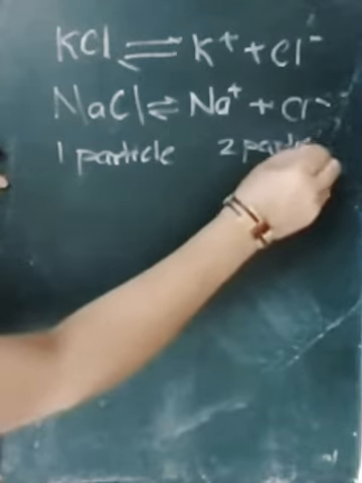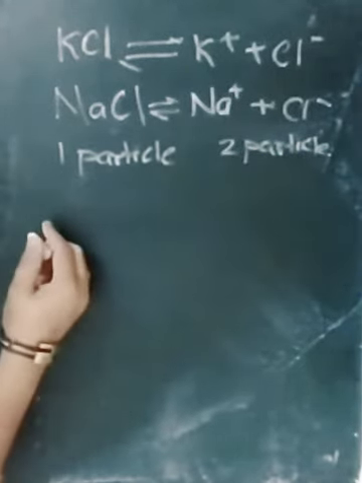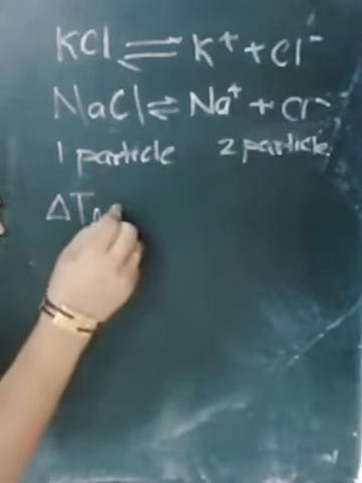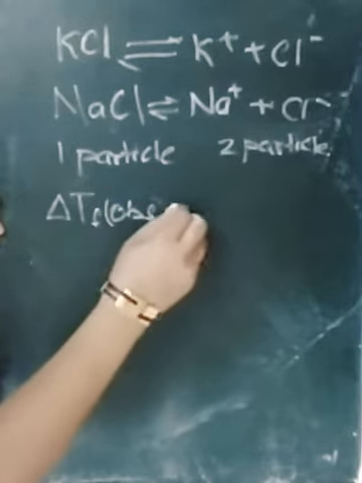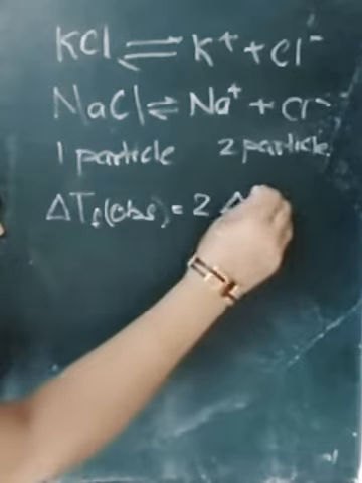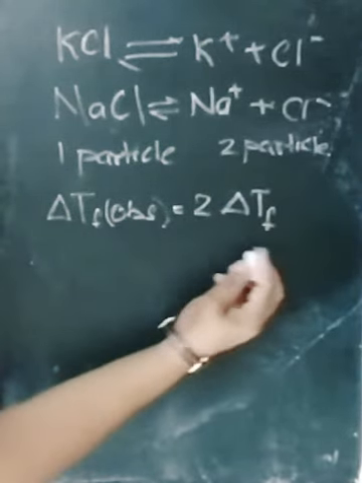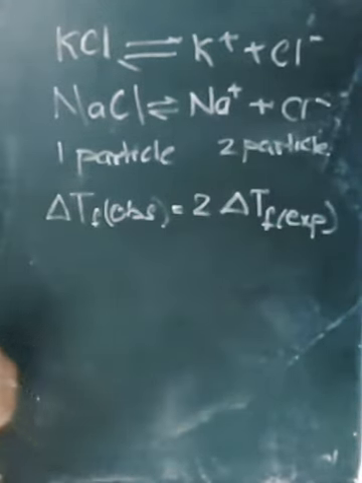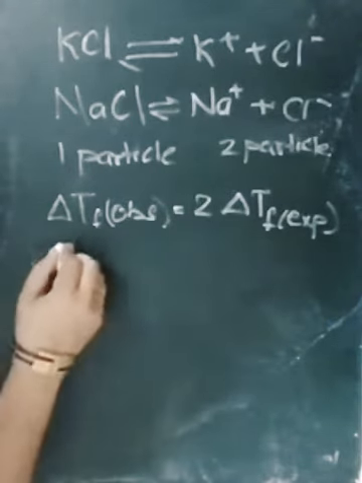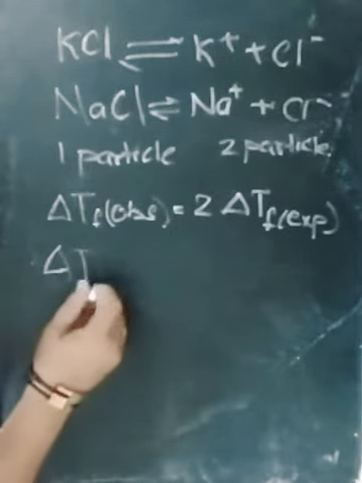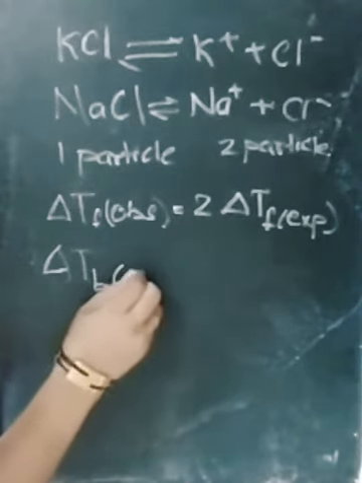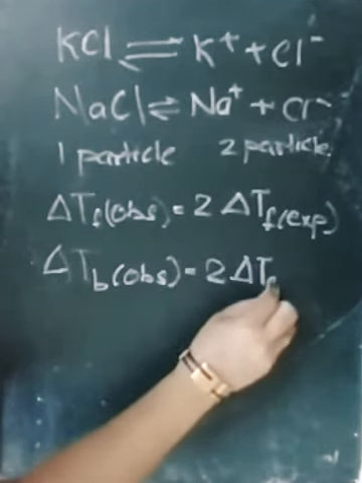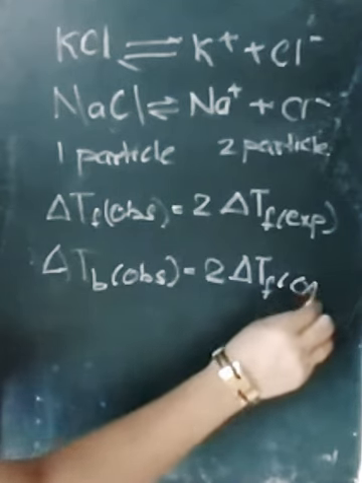So if the number of particles has become double, the value of colligative property will also become double. Del TF observed value will be double of del TF expected, normal. Del TB, that is elevation in boiling point, observed value will be double of the calculated or expected or normal value.